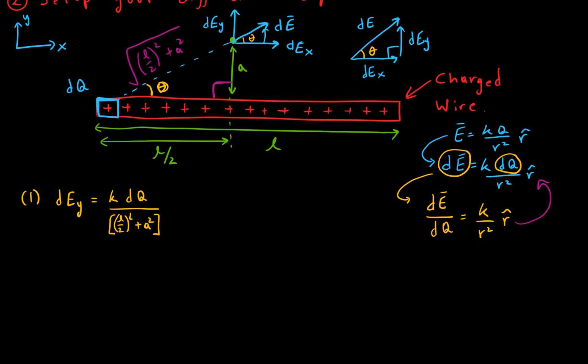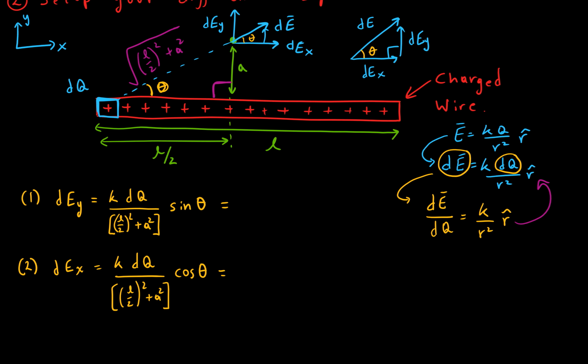So I can just as well write this as sine theta. Hopefully from watching the other videos you'll understand quite easily why it's just sine theta. Likewise, for dE in the x, I can write this as k dq over L over 2 squared plus a squared times cosine of theta.